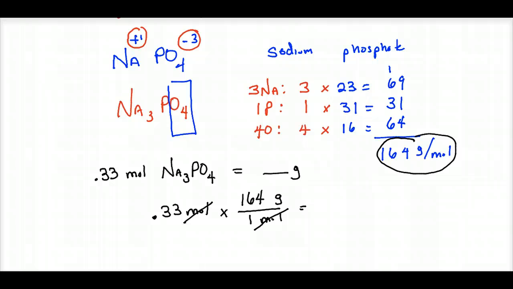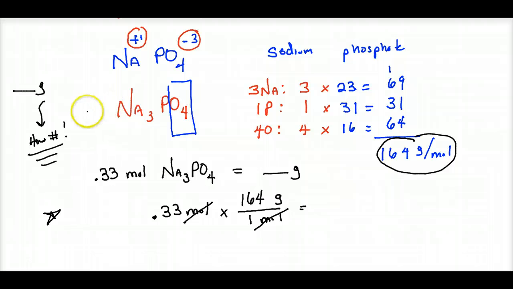Now, this is a very important conversion because it helps us go from grams that we can get from a scale and convert to a how many number. So this is an important conversion for chemists. We can't really count particles to match them, but we can sort of by converting them by using the formula mass here. Okay, so 0.33, or approximately a third of 164, and put that in your calculator, and you get 54.112.